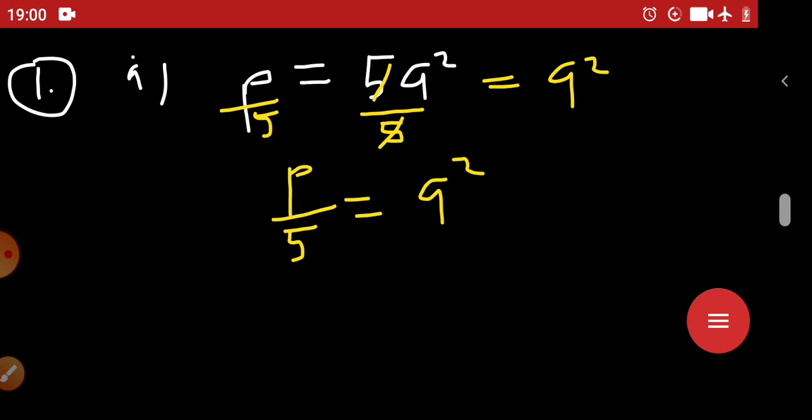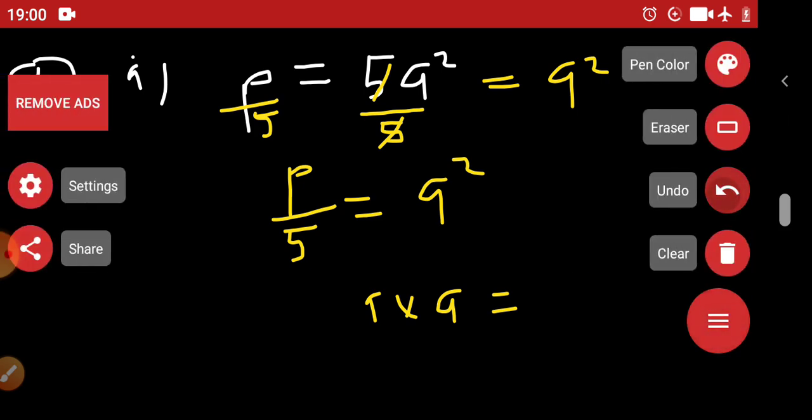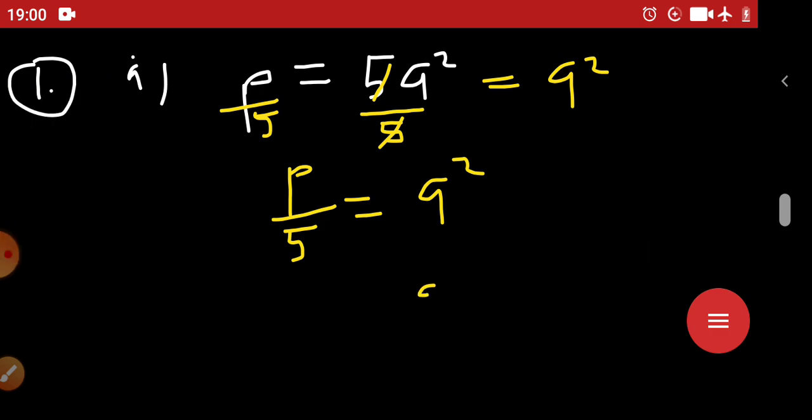So the opposite of squaring is taking a square root. If I take the square root of a squared, I'll have a.